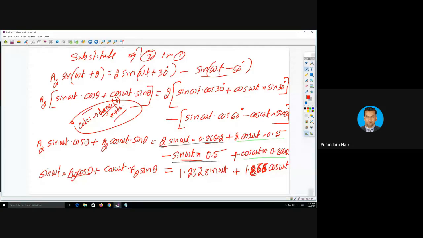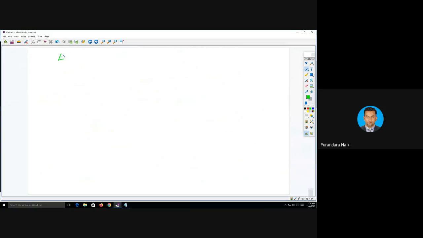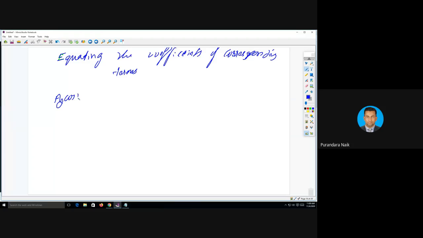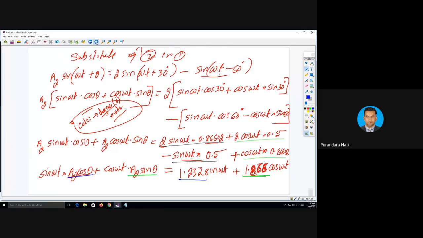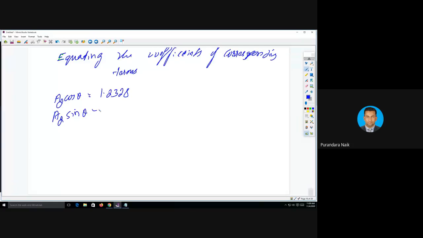Next, look here at the coefficient. This coefficient is similar to this coefficient, right? This one is the sin term, and the cos term is here. This coefficient is the cos term. So equating the coefficients of the corresponding terms: a2 cos theta is equal to 1.2328, and a2 sin theta is equal to 1.86602.